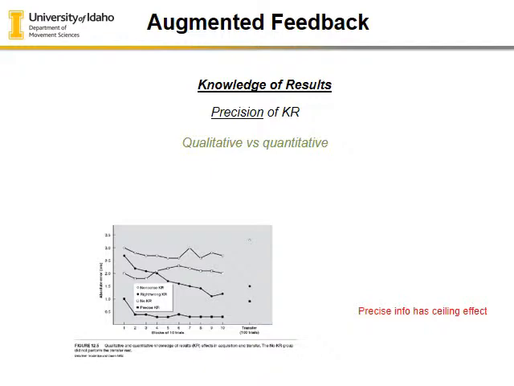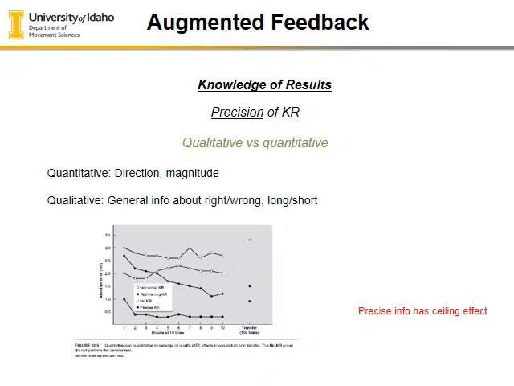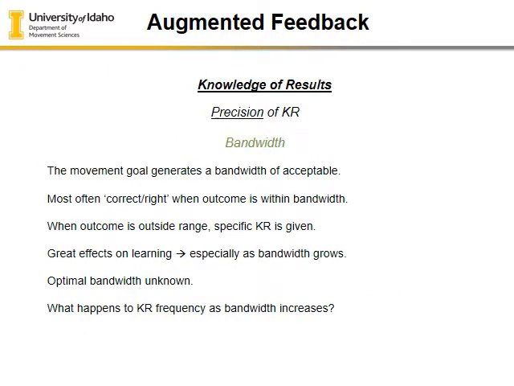If I said, hey, you were right or wrong, or you missed left, you missed right, or too far, too short, those are the qualitative. Understand that there is that ceiling effect. So if I get too close with quantitative, then it's going to be important that we maybe switch to the qualitative goal. But just understand the difference of the two.